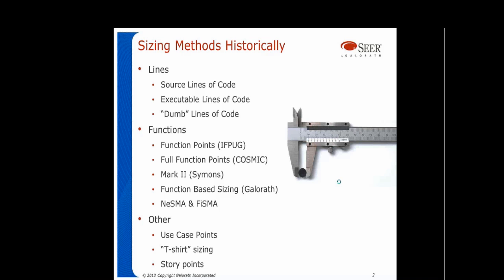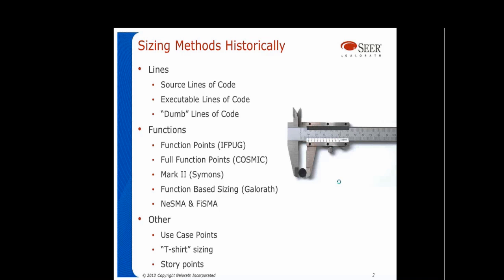But as you can see under functions, I'm showing all the ISO certified functional sizing metrics in addition to our own Gallup function-based sizing. There are a bunch of ways to size functionally, the oldest being IFPUG's function points, which go back to the late 70s, and the newest probably being full function points.